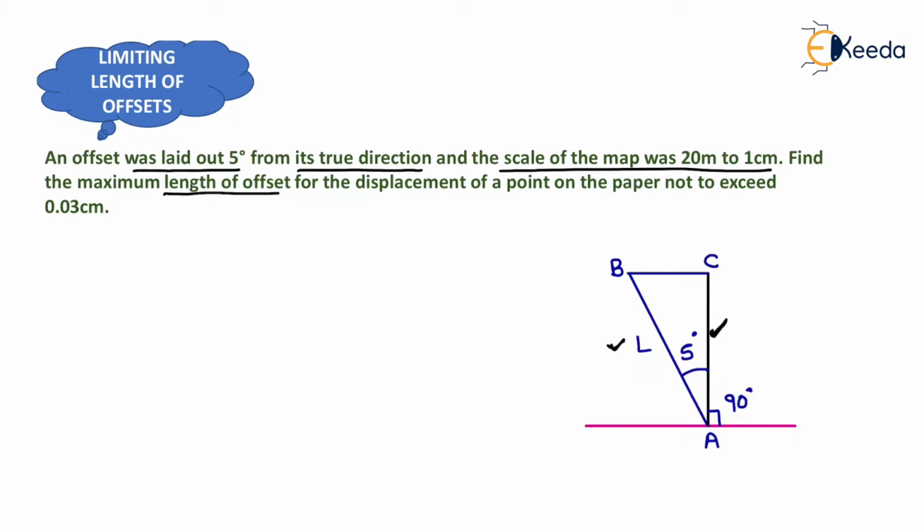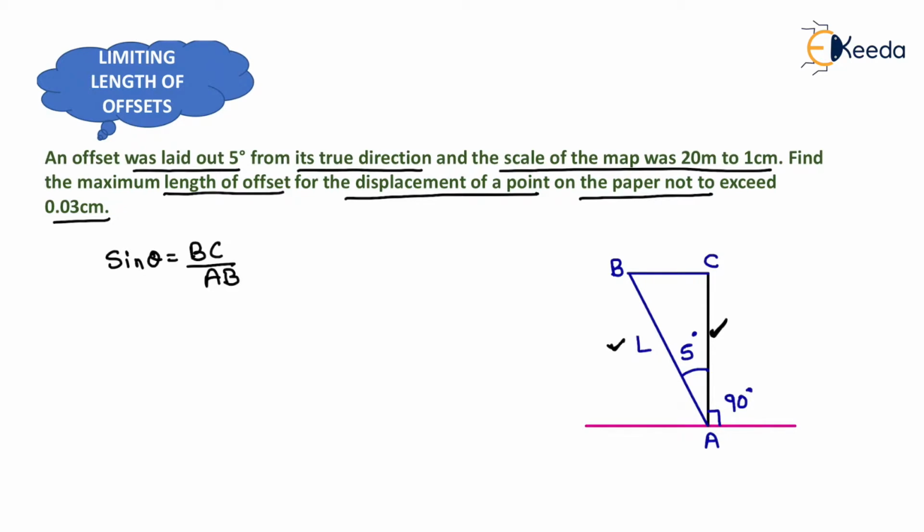Find the maximum length of offset for the displacement of a point on the paper not to exceed 0.03 centimeter. It means that if the displacement of a point on the paper is not to exceed 0.03 centimeter, then we need to find the maximum length of offset on the ground, that is the value of capital L. Now from this diagram it is clearly seen that sin theta is equal to perpendicular upon hypotenuse, which will be equal to BC upon AB.